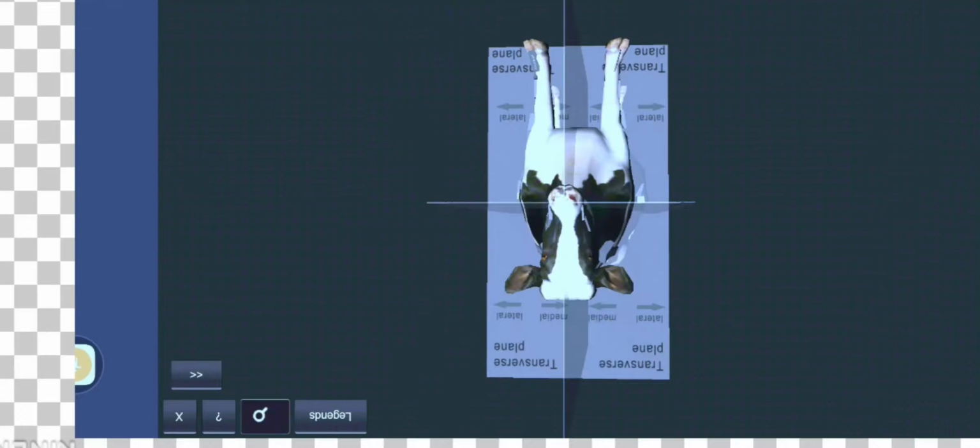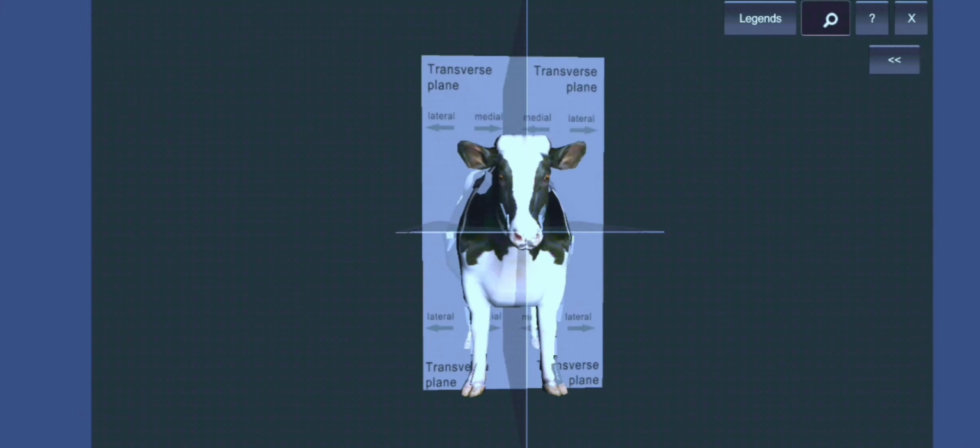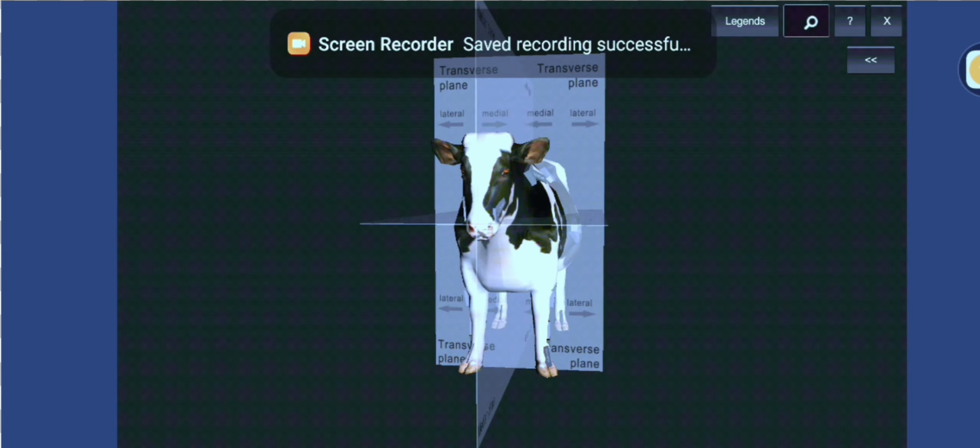From this perspective we need planes, so that we can describe an organ, or a skeleton, bones, and muscles. Okay, let's start today's topic.